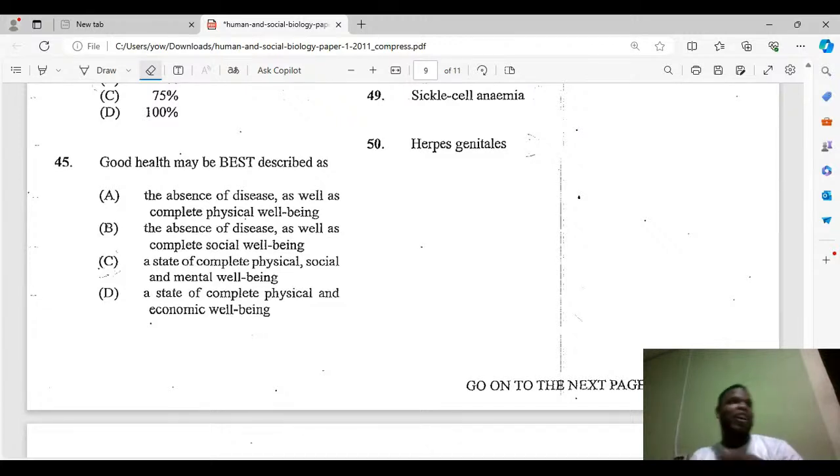They ask you, according to the World Health Organization, define health. According to the World Health Organization, it's the complete state of physical, social, and mental well-being. So it's C, pretty simple stuff. Move on.